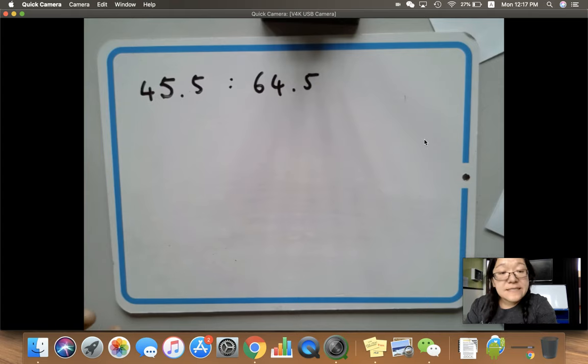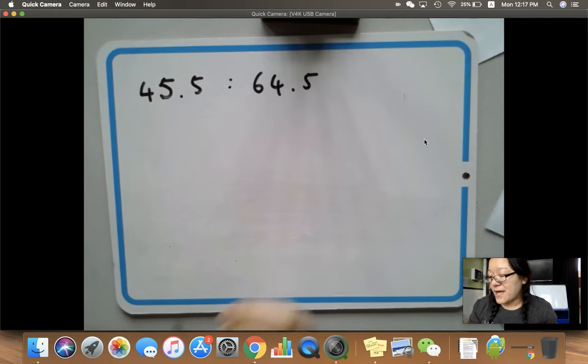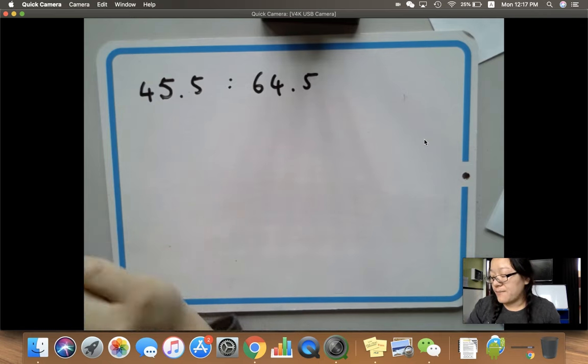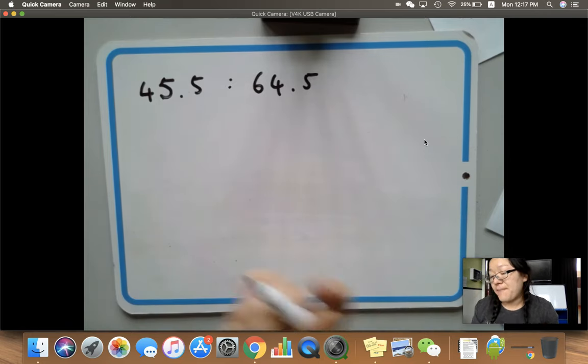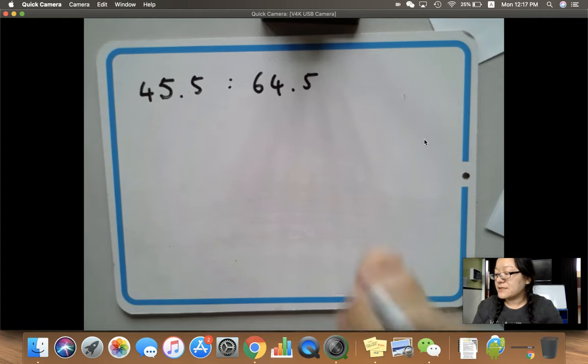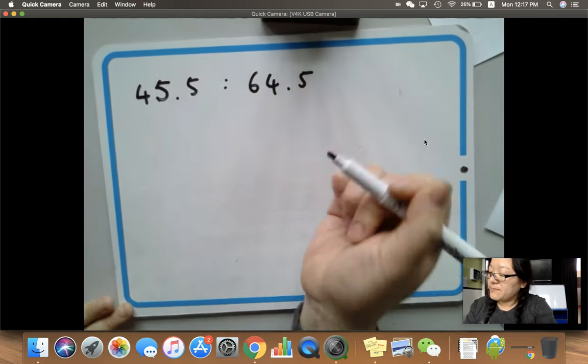Well, we want to simplify it, but before we simplify it, we need to get rid of the decimals. The most simple, straightforward, one-step way is basically to multiply it by either 10 or 100 or 1,000, depending on how many decimal places there are.